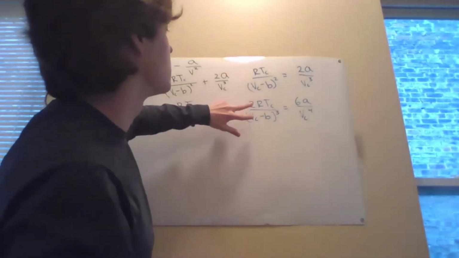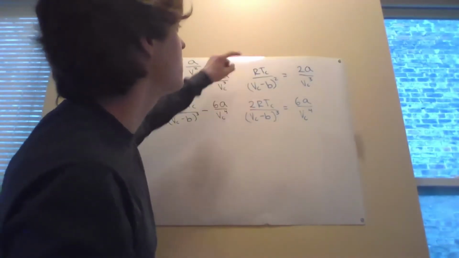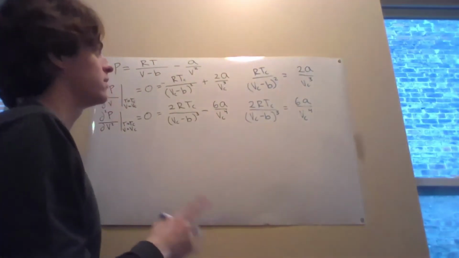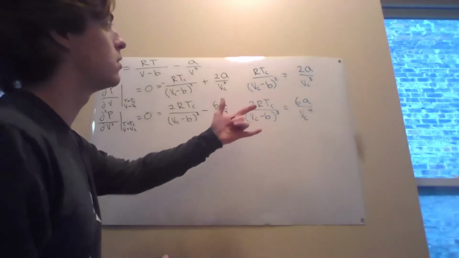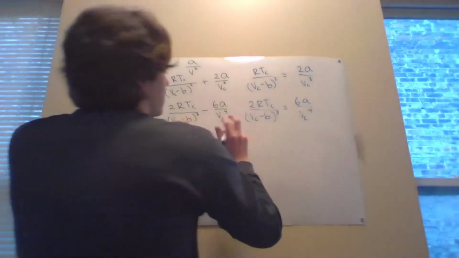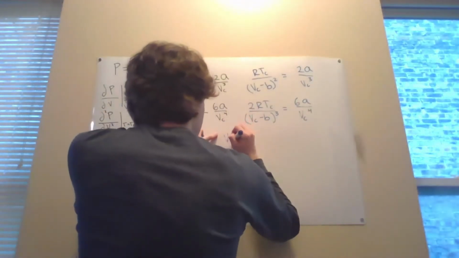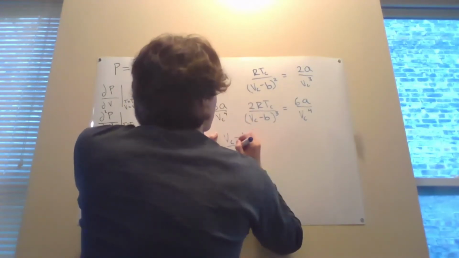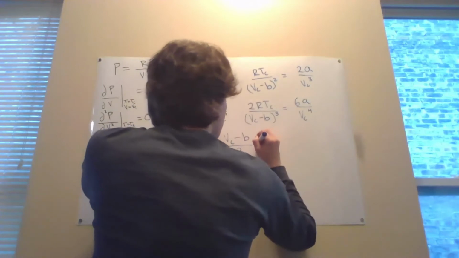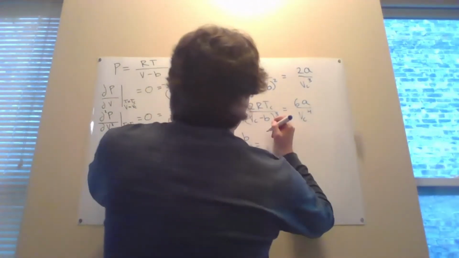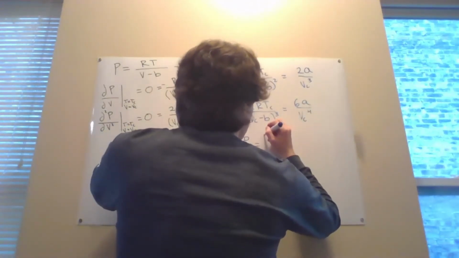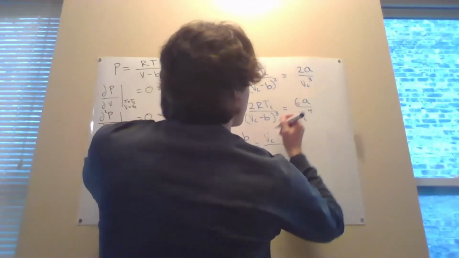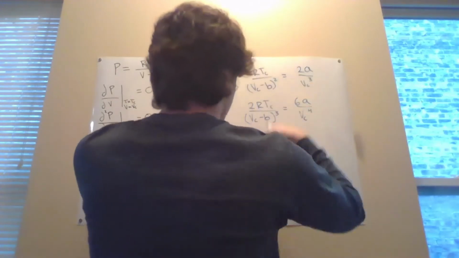Now I'm going to take the reciprocal of this equation and multiply it by this equation to simplify it down, and that'll give us one equation that lets us solve for B. So we will get VC minus B over 2 equals VC over 3, since 6 over 2 is 3.